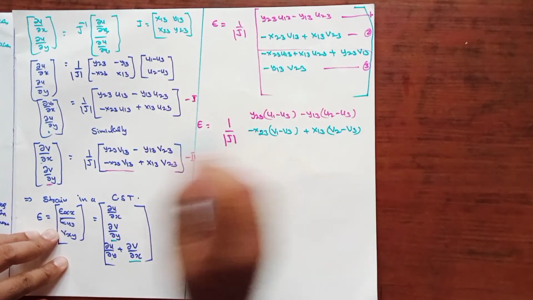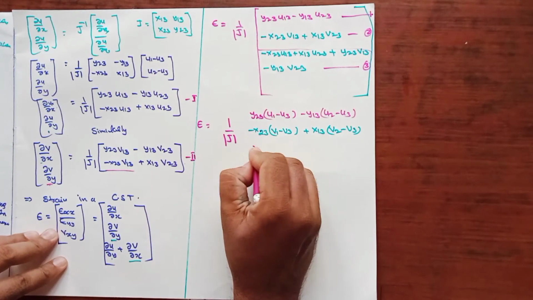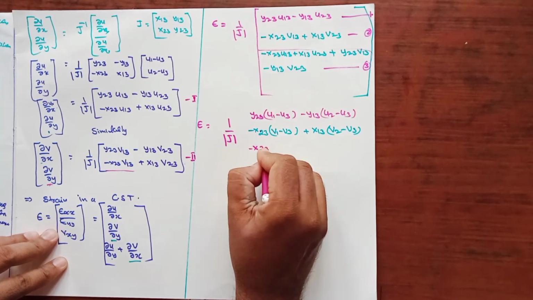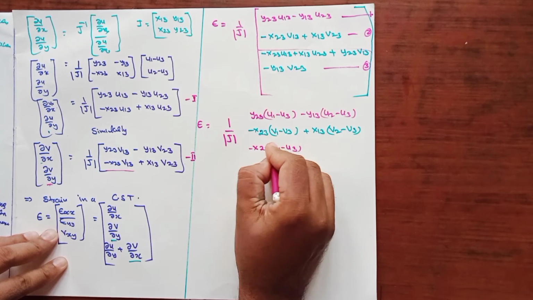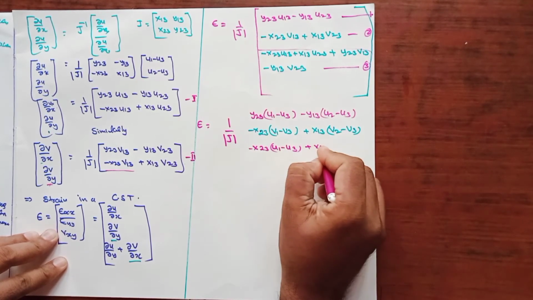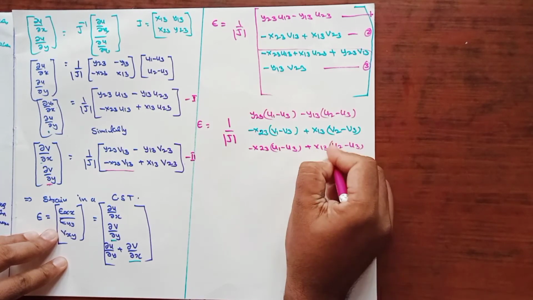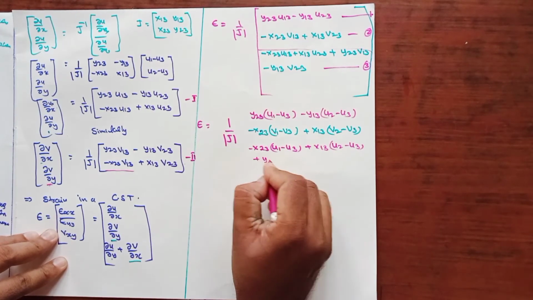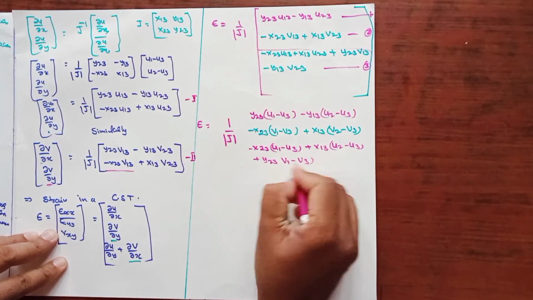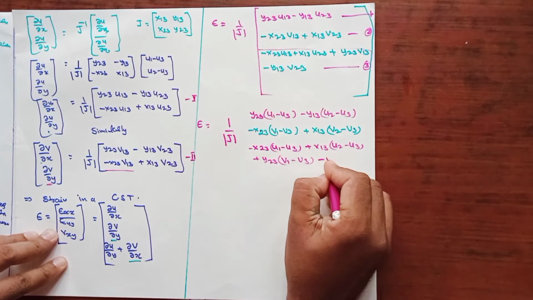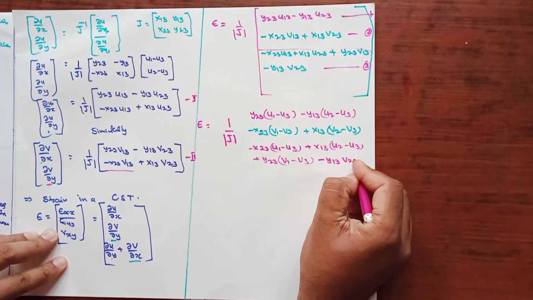This is the second row, and the third row can be written as minus x23, u13 written as u1 minus u3, plus x13 into u23 written as u2 minus u3, plus y23 into v13 written as v1 minus v3, and the last parameter y13 into v23 written as v2 minus v3.